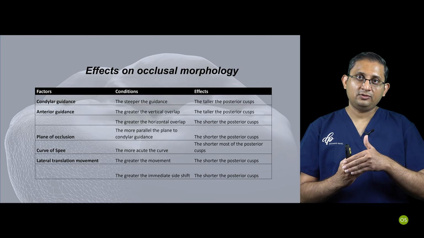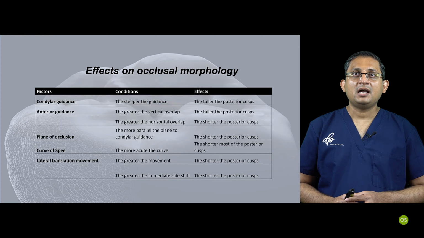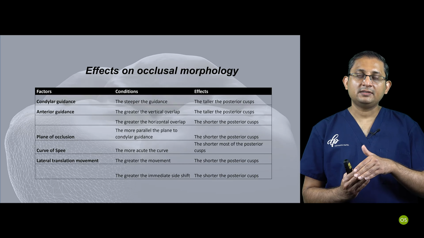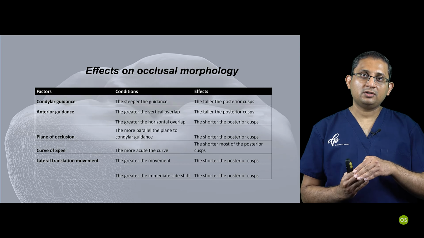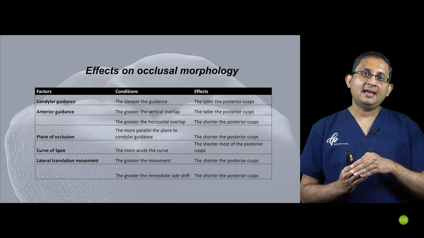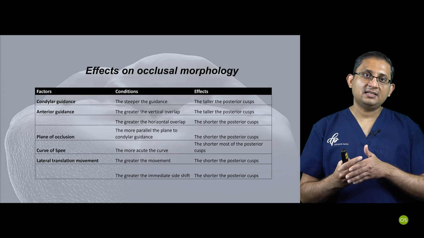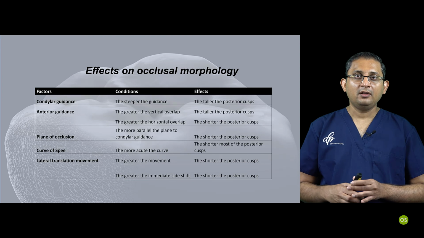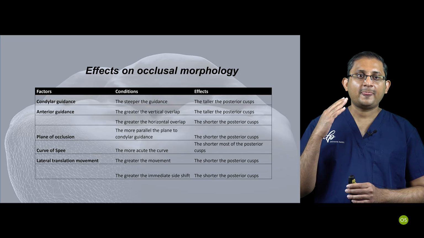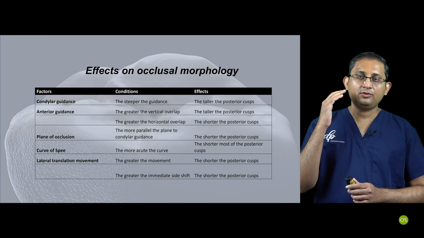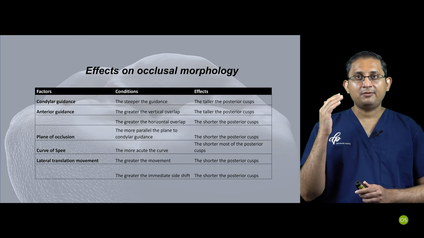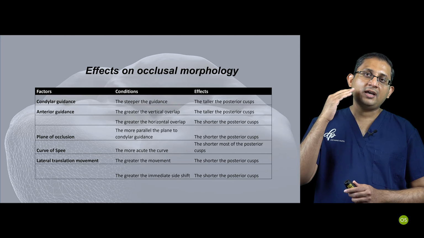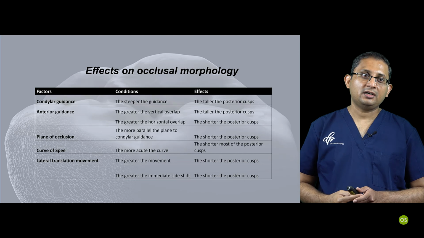It doesn't go slowly, it goes quite high straight away. However, if the guidance is not steeper, it's a shallower guidance, then you need to have smaller cusp tips. Otherwise, you will have your posterior teeth contacting and the anterior teeth will not disclude immediately. The plane of occlusion, if you have a more parallel plane to condylar guidance, then you have shorter posterior cusps. Again, as we discussed, if the condylar guidance is low, then you have shorter posterior cusp tips.